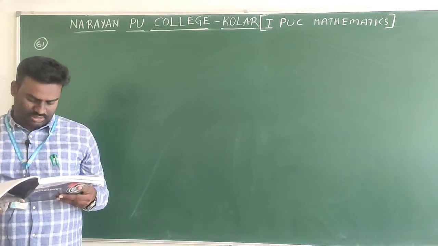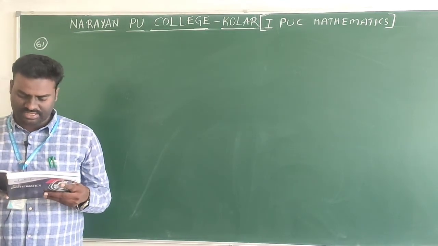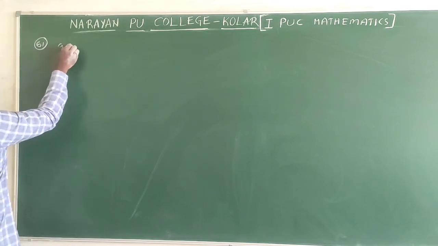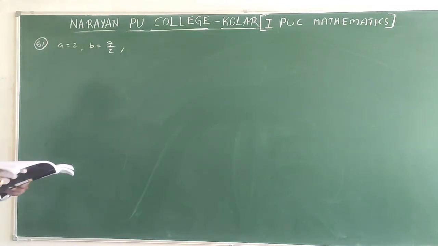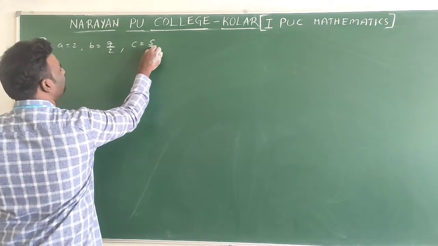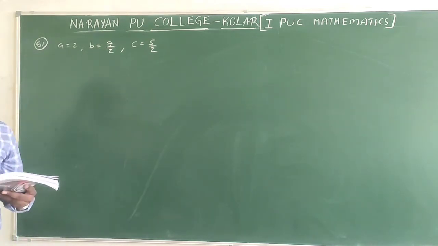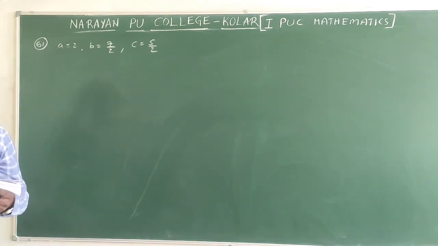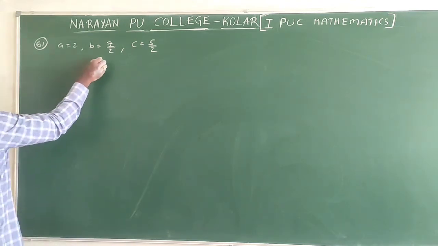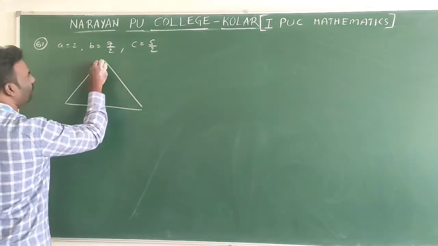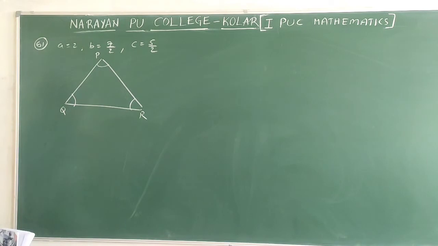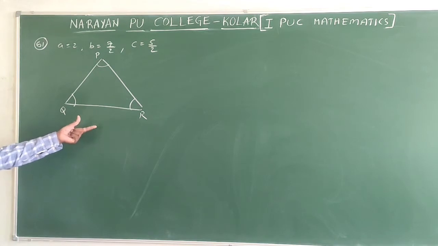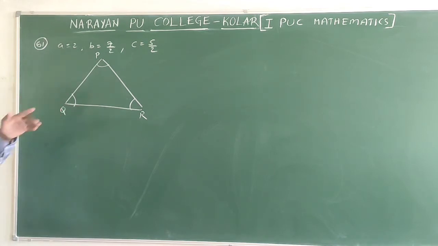61st question. Let PQR be a triangle with sides A equals 2, B equals 7 by 2 and C equals 5 by 2, where A, B, C are the lengths of the sides of the triangle opposite to the angles P, Q, R. I will draw the diagram.